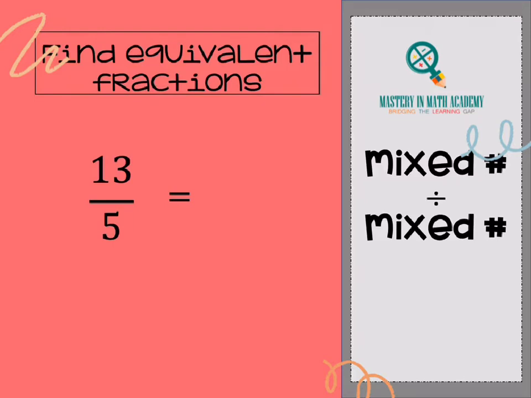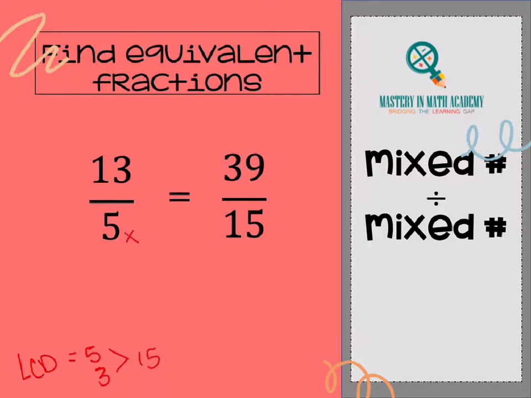And we already said that we need to find our LCD. Take a minute, pause this video, and find the LCD for 5 and 3. If you get 15, you are correct because our LCD for 5 and 3 is 15.